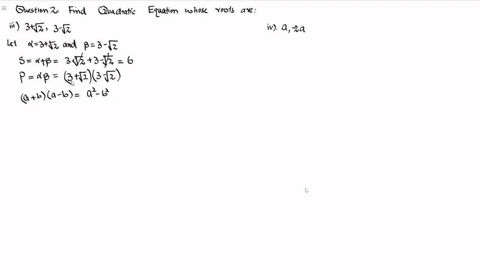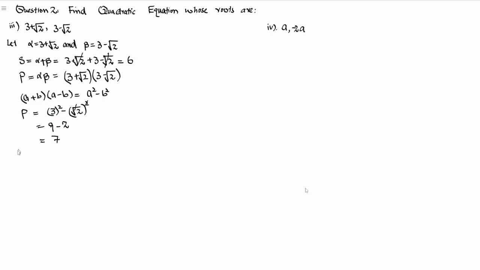Here 3 is a, under root 2 is b, so the product of the roots can be written as 3 square minus under root 2 square. Now 3 square is 9, and the square cancels out with the square root, so we have 2. So 9 minus 2 is equal to 7.